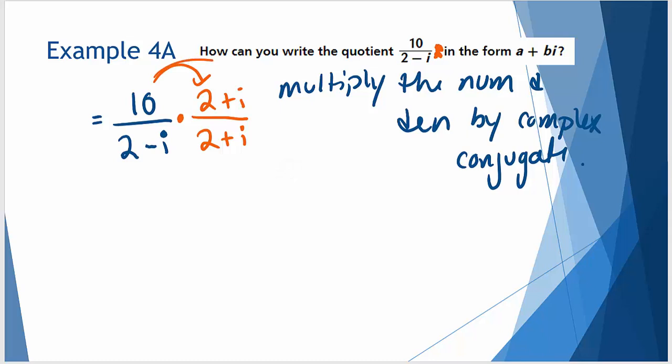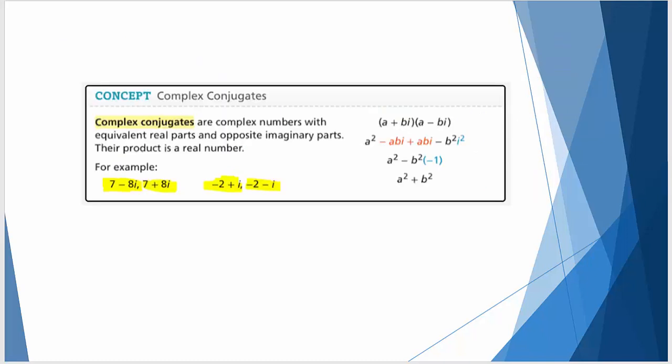In the numerator, we distribute, so we get 20 plus 2i. And in the denominator, let's look back at our rule. When we multiply something by its complex conjugate, those middle two terms, the outer and the inner, always cancel.